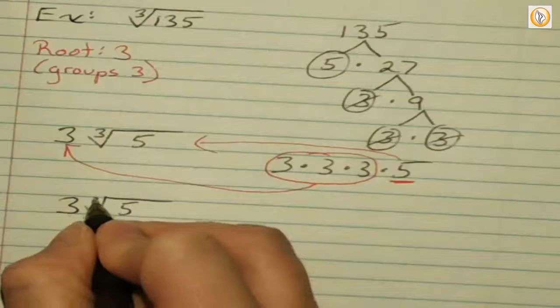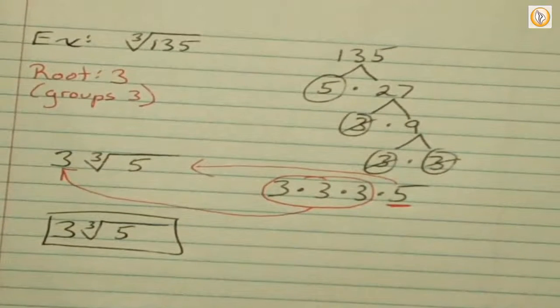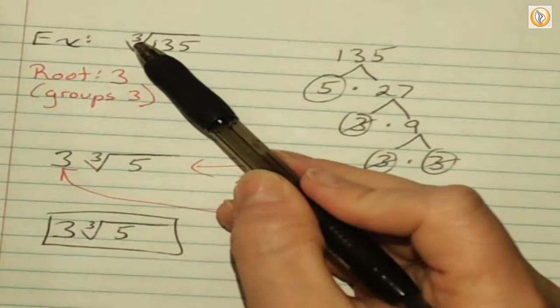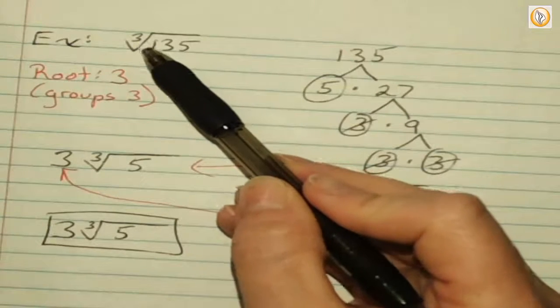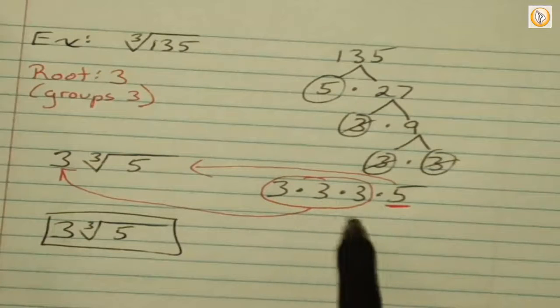Miranda, you have a question? Okay, let's say this said root of 3. She had a good question. Root of 3, but we didn't have any groups of 3 to circle.